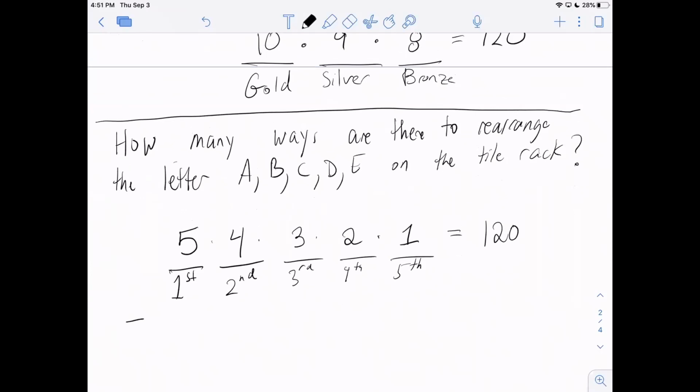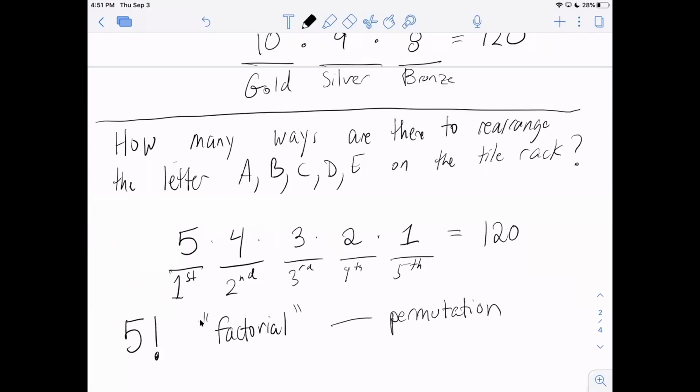This is called 5 factorial, and the exclamation point reads factorial. This is also called a permutation. To permute things means to just rearrange or swap things around. So this is a permutation. Okay.